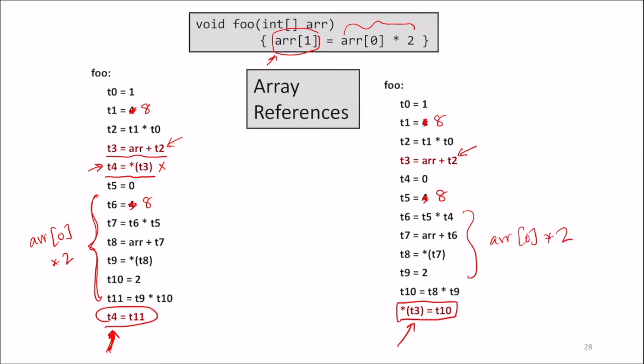I've computed that value and I want to store it. I have to dereference the pointer and store the value inside the pointer that was given to us when we computed array of 1. T3 contains that pointer. So dereferencing the pointer is really important. That's why this one is the correct one and this one is the wrong one.